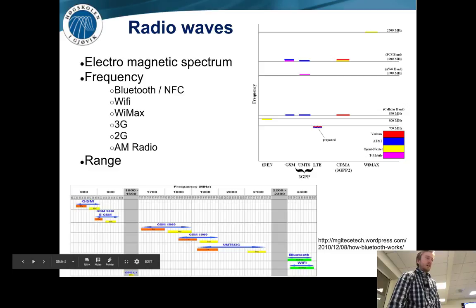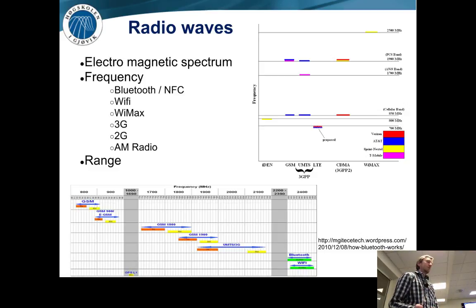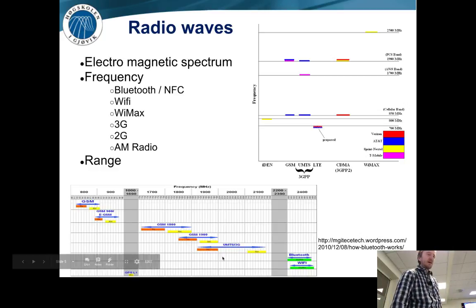All right, so technically we're not gonna go into physics, but you need to understand that we have these radio waves, and they are divided by the wavelength into particular classes, and then we try to use a particular wavelength range for a particular purpose.